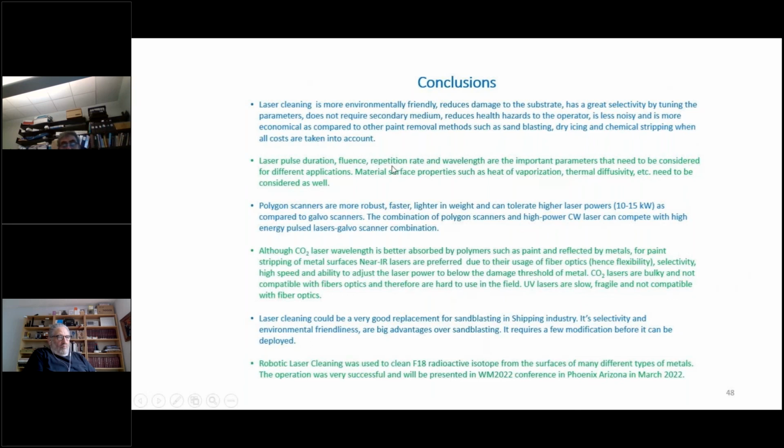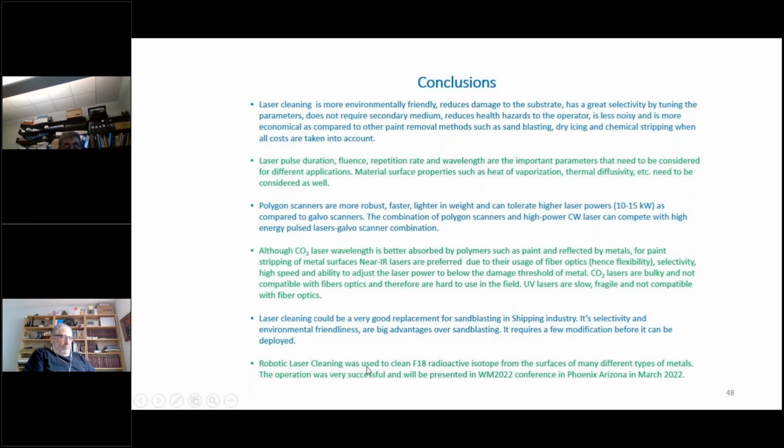We saw the different parameters of the lasers and material properties, and how they affect the performance of laser cleaning. We compared polygon and galvo scanners. We also showed the difference between CO2 laser and near IR lasers, and showed that you could use near IR laser equally well if you choose the parameters correctly.